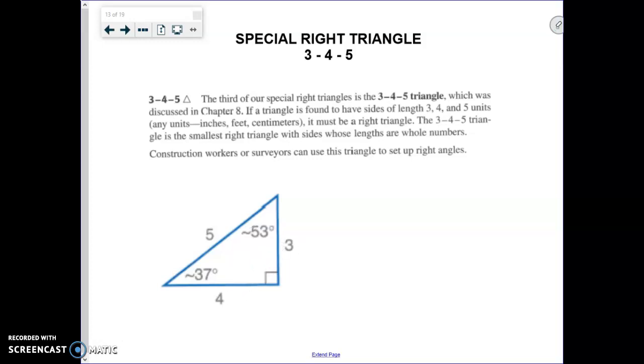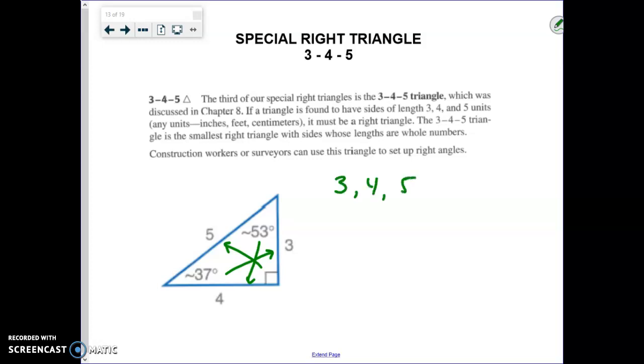Again, you can't use the Pythagorean theorem here because we have the lengths of all the sides. So make sure the 5 is opposite the right angle, the approximately 37 is opposite the shortest leg, 3, and the 53 is opposite the 4. Now, by the way, this works for any multiple of 3, 4, 5. It'll work when the sides are 3, 4, 5.